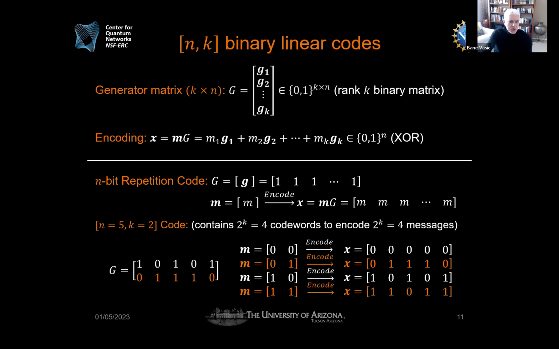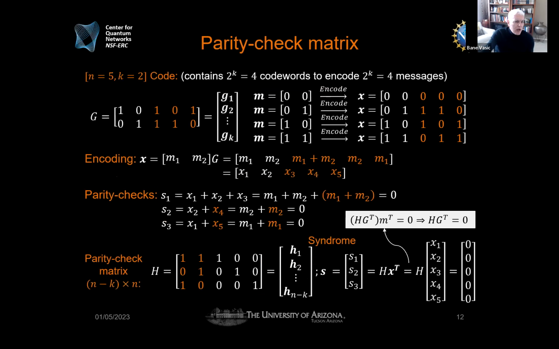So you see, it is a very simple way of encoding data. Look at what I actually did here. In this generator matrix, I have an identity matrix here, and I have some other things here.